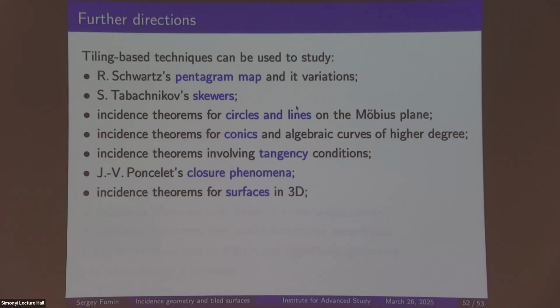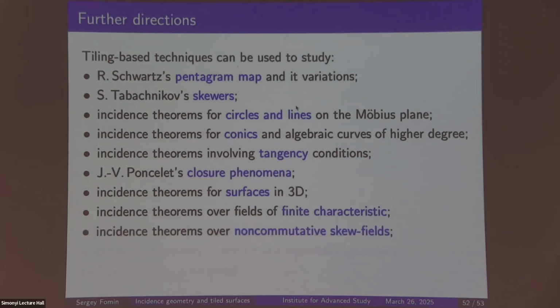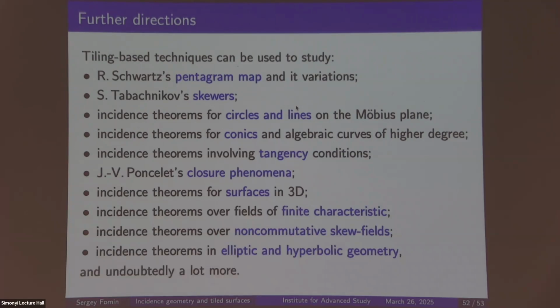Of course, theorems for surfaces that we haven't even started yet. Incidence theorems over fields of finite characteristic; I mentioned that if somebody asks me, I can explain quickly how that works. Incidence theorems over non-commutative skew fields I already mentioned. Of course, you can try to work in elliptic or hyperbolic geometry, and I'm sure there is a lot more coming up.